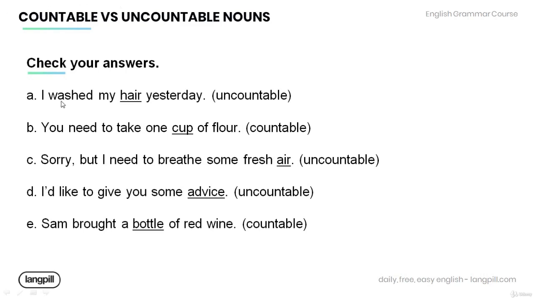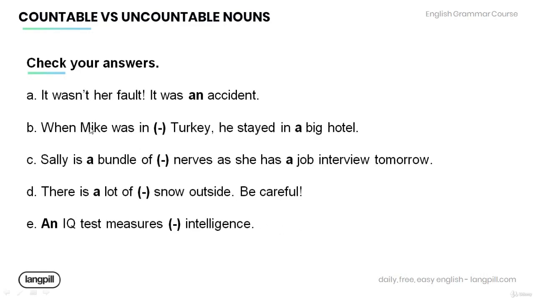Now, let's check your answers. Hair, uncountable. Cup, countable. Air, uncountable. Advice, uncountable. Bottle, countable. It wasn't her fault.